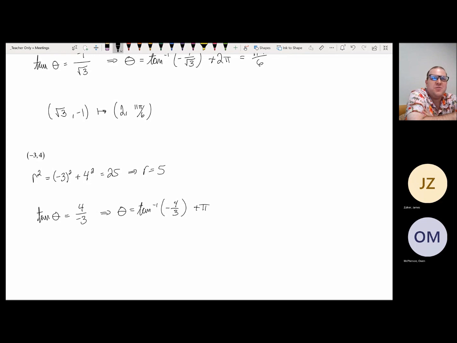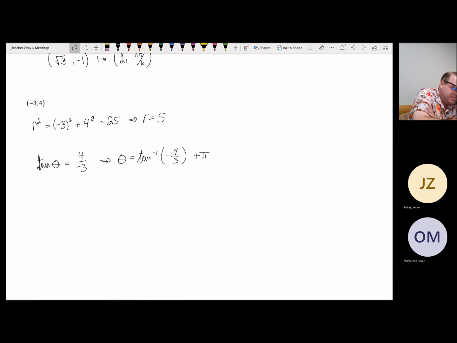It's the inverse tangent of -4/3. It doesn't have an exact form outside of that. So just leave it. So there'd be your polar point.